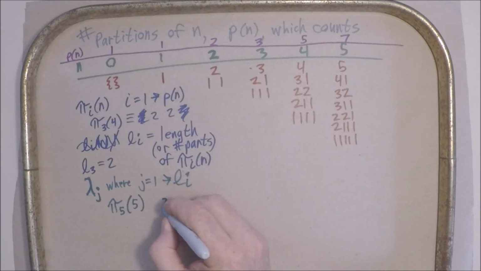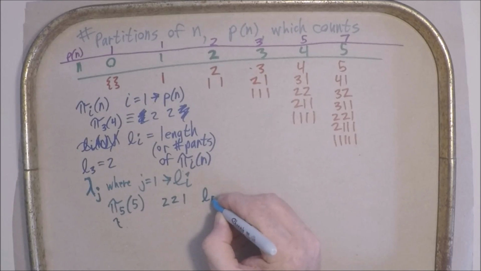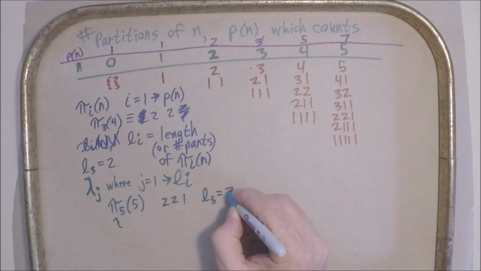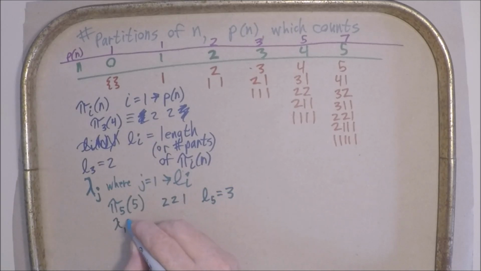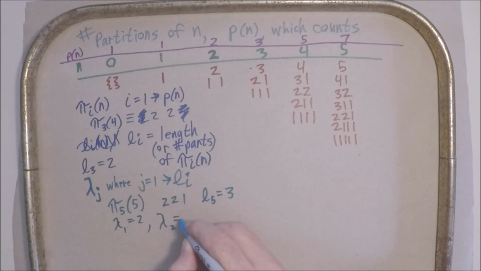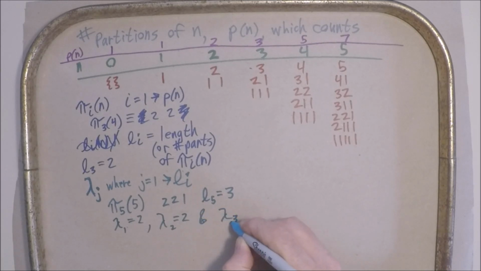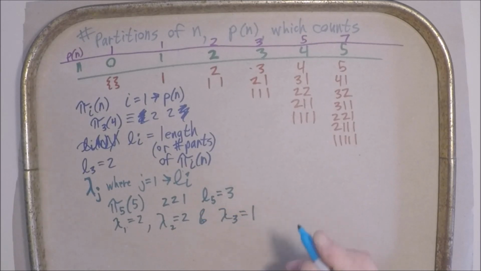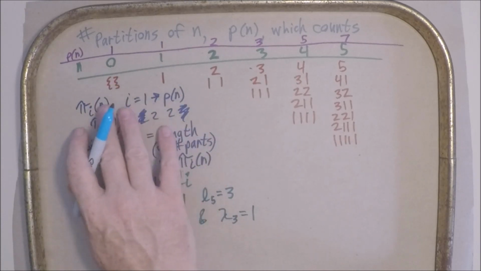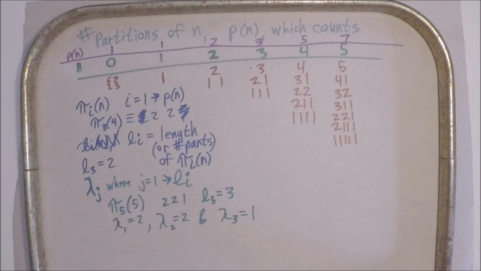That's going to give us 2, 2, 1, with L of 5 equals 3, giving us lambda 1 equals 2, lambda 2 equals 2, and lambda 3 equals 1. And that's typically what you will find out there.